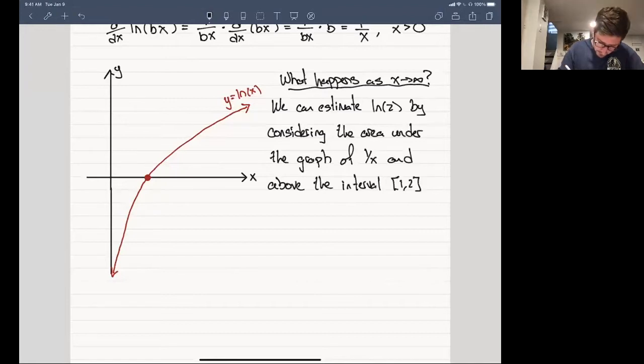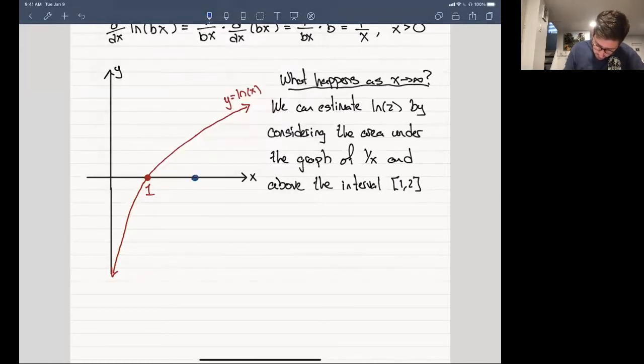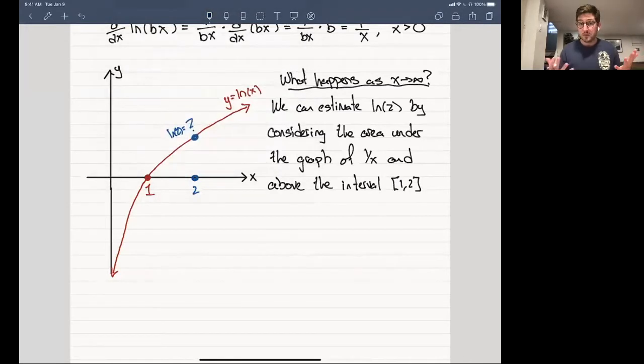So if I sketch this out, I've already shown you 1 is right here. Let's use blue maybe. This is going up to, say, 2 right here. And we want to know, what is this value? This is ln of 2 is equal to this. And this will all be important for what happens as x goes to infinity as well.